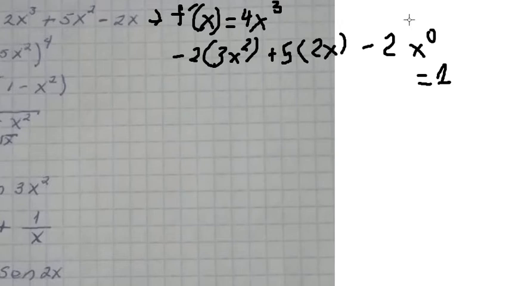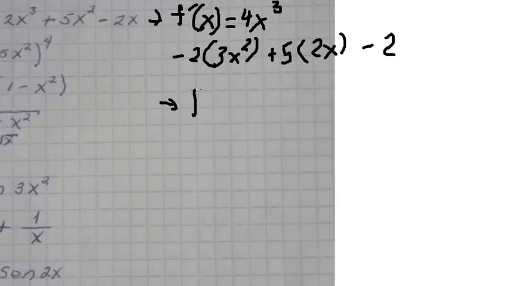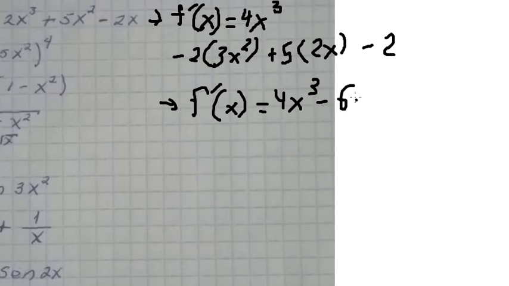That's why we just have number 2 in here. So we simplify, and we get 4s to the power of 3 minus 6s squared plus 10s minus 2. And this is the answer for the question.